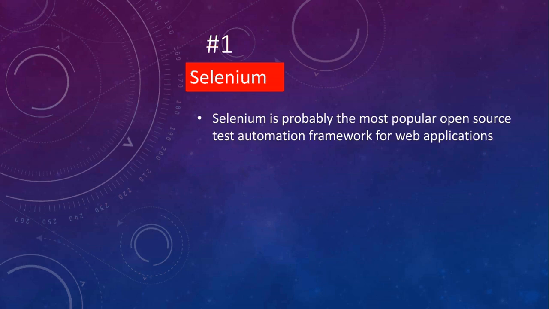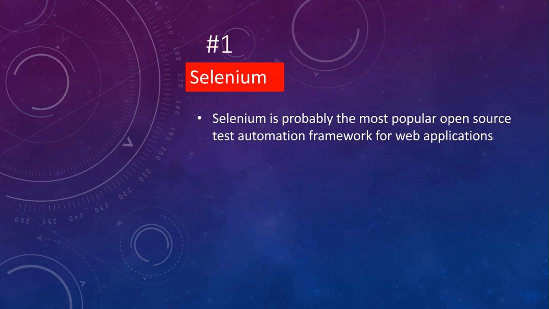Okay, so number one, as I think most of you already know, Selenium is still the most in-demand tool in the automation world. This is something which you should always learn by heart if you are trying to clear any interview regarding Selenium or any automation.